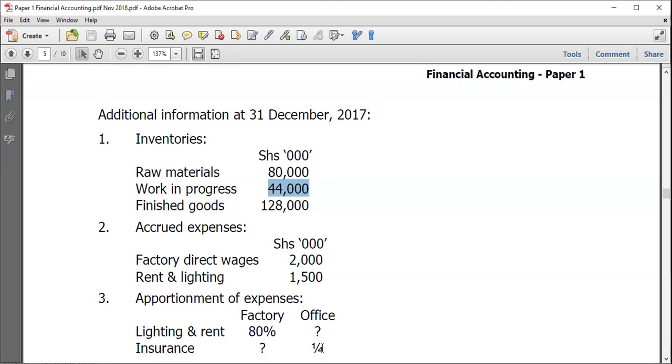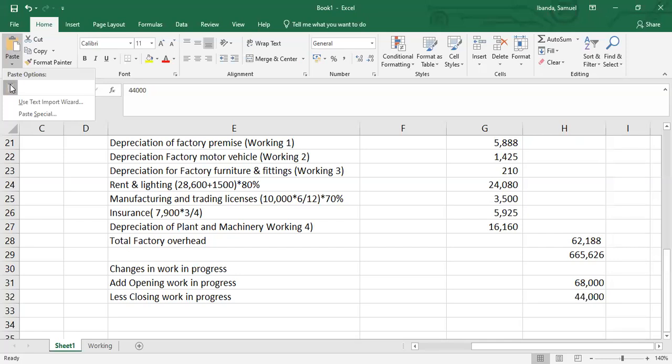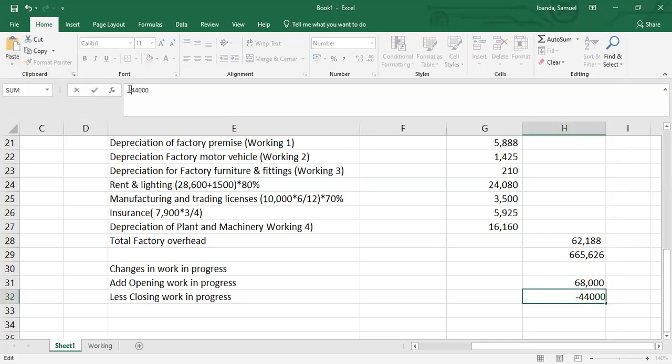We come here, but for it we are lessing. Okay, you get the principle. So from that, you can get what you would call your cost of goods fully manufactured.